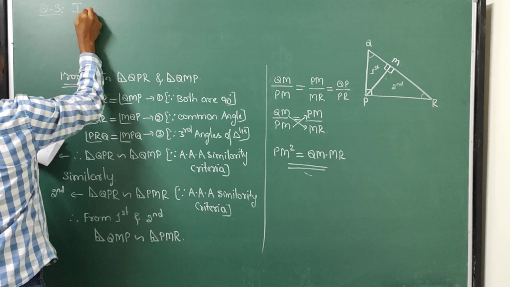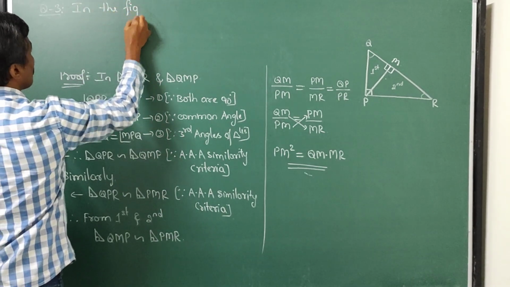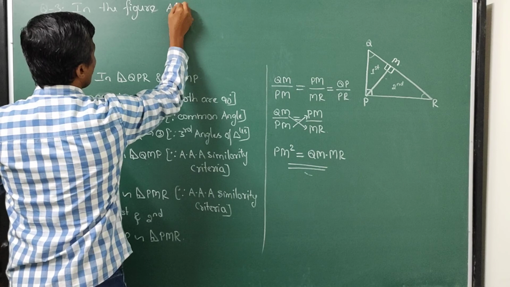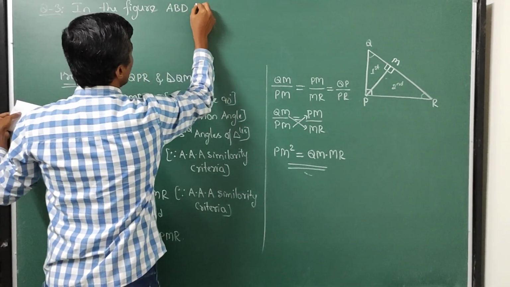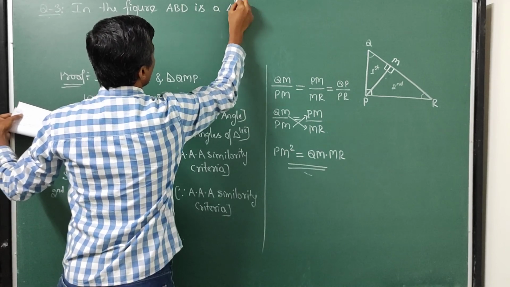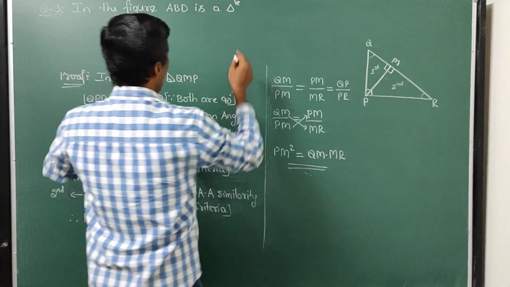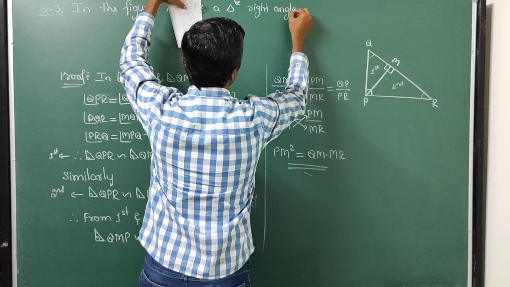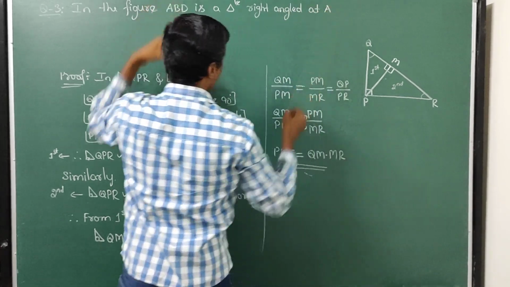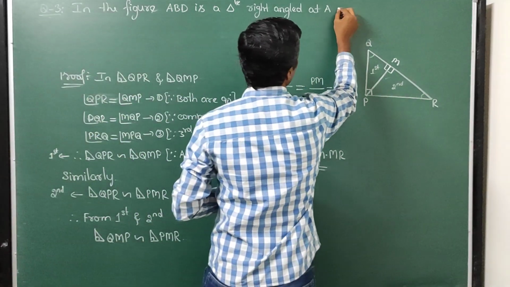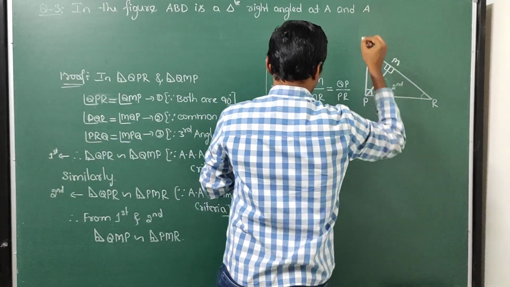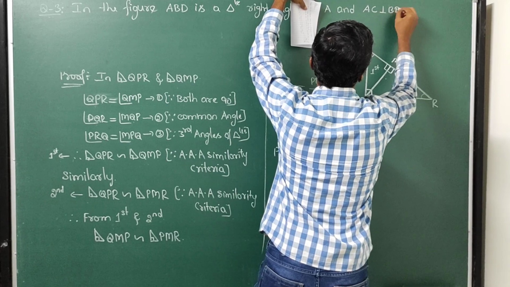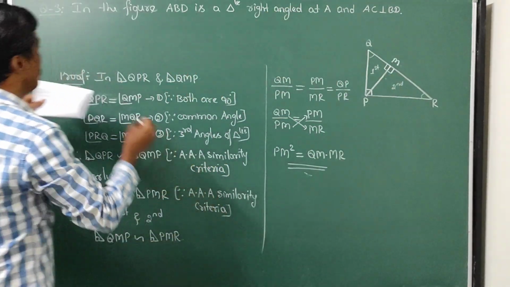In the figure, ABD is a triangle right angled at A, and AC perpendicular to BD.